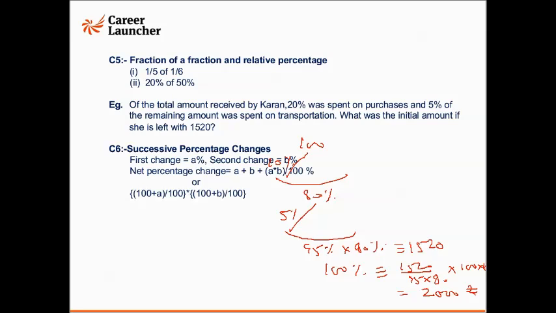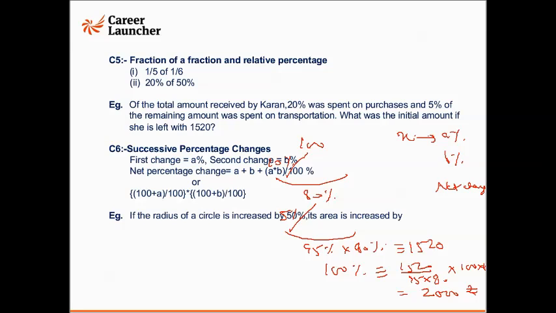Suppose X is the amount and you have increased it by A%, and there has been a further increase of B%. So what will be the net change? You are going to face this type of question. Okay, so I'll show you an example.